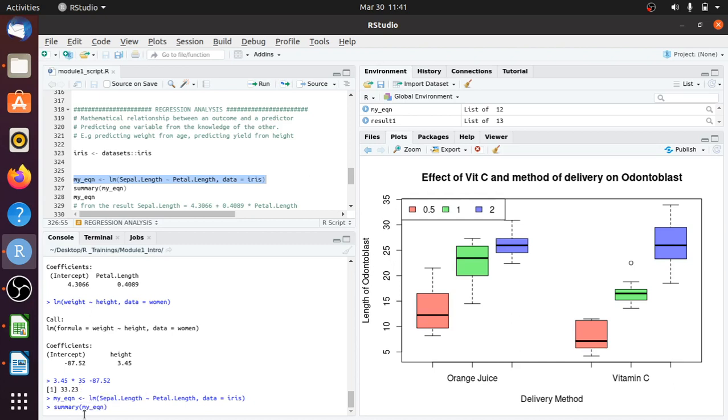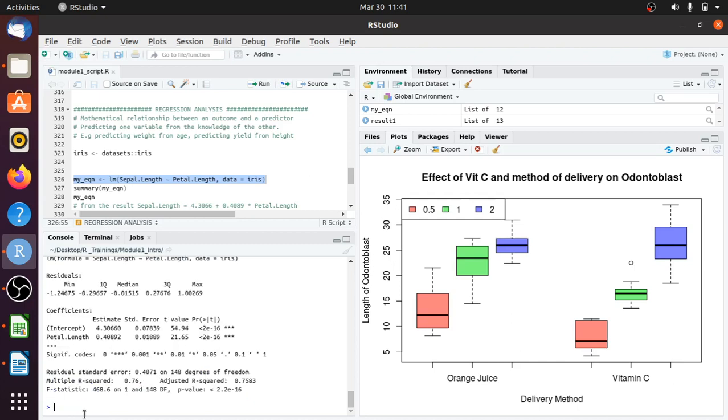You can see all the various things it is putting out for you, so you can go around that depending on what you need. Is there a statistical difference between them? Yes, that's what it's telling you. Look at the intercept there, and you have the slope also.